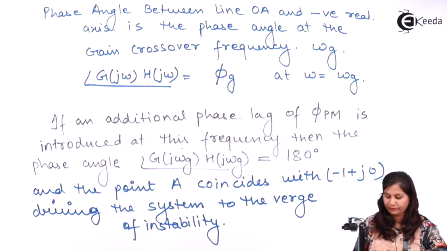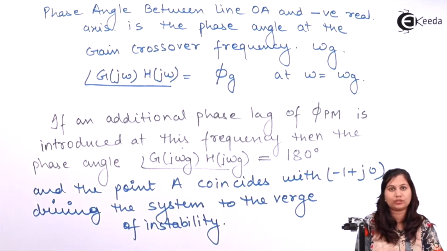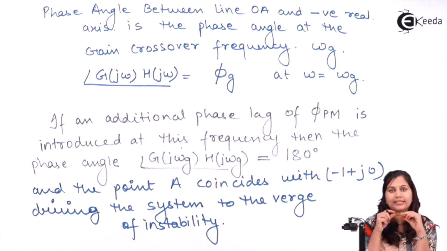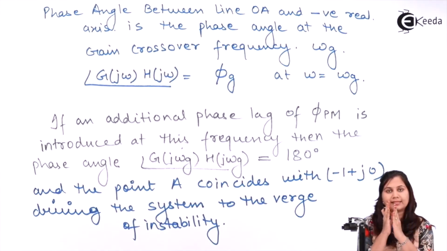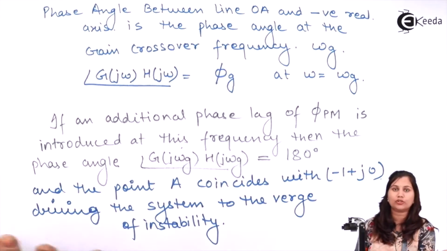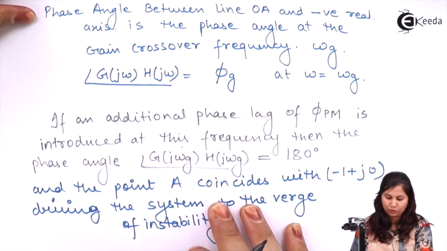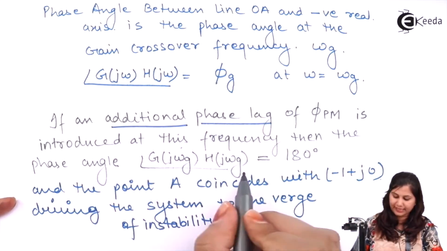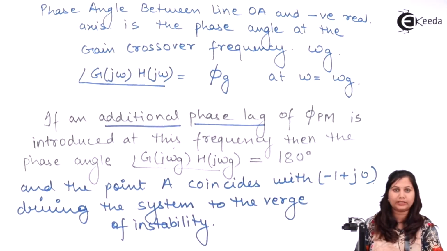So if we add this phase margin to this angle, the angle becomes 180 degrees, and the system goes towards the verge of instability. So this additional phase angle which we add to make the phase angle 180 degrees is called the phase margin.